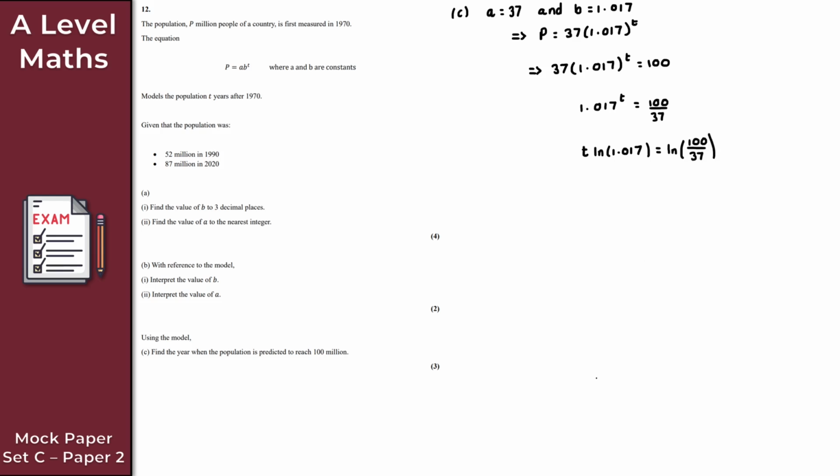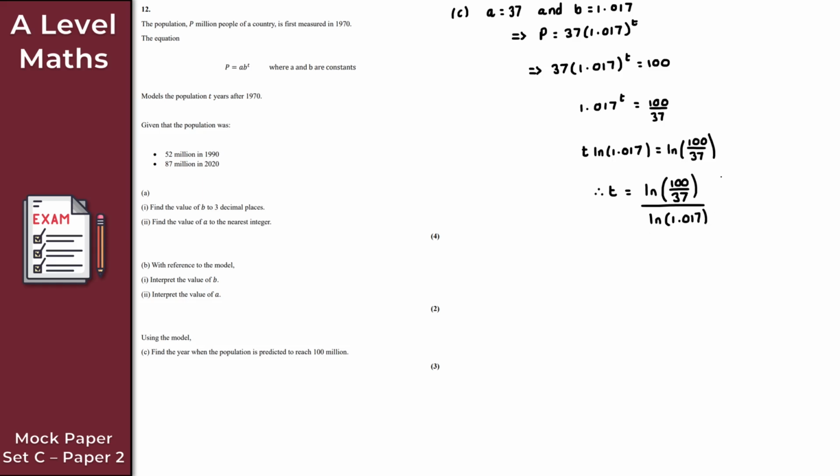And if we just want T, we just divide both sides by ln of 1.017. Nice and straightforward here. So therefore, T is equal to ln of 100 over 37, all over ln of 1.017.